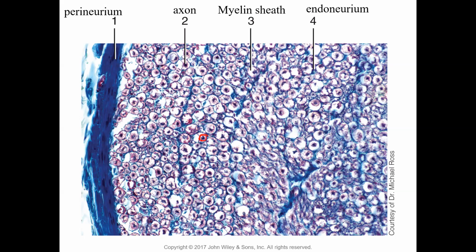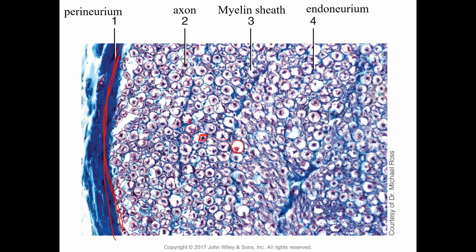And then the purple line surrounding that is the endoneurium. And all of these little axons surrounded by the endoneurium are surrounded by the perineurium, which is this big purple line layer over here. And this is just one fascicle. All right, and many fascicles put together make up a spinal nerve, and they are covered by the epineurium.